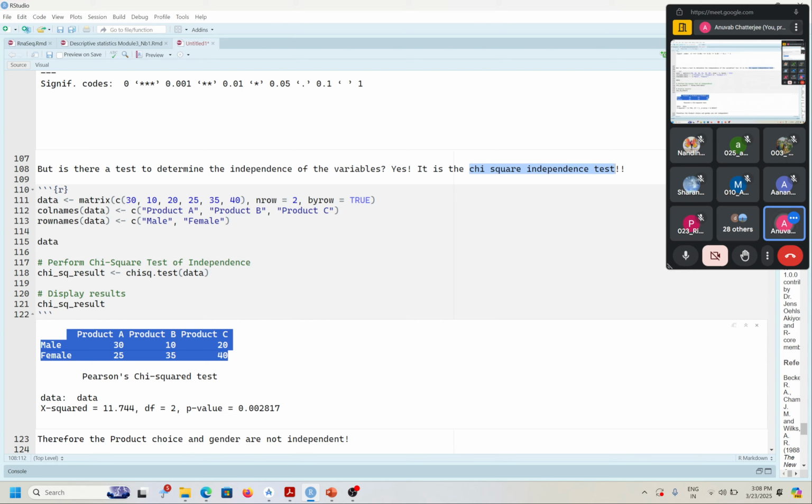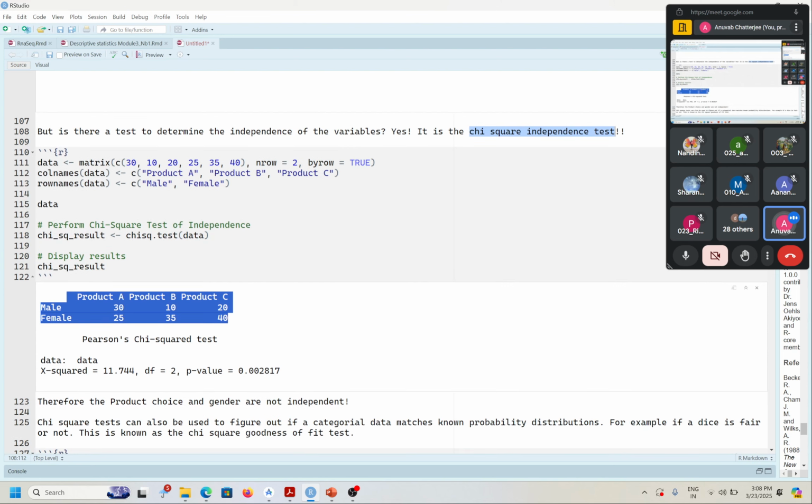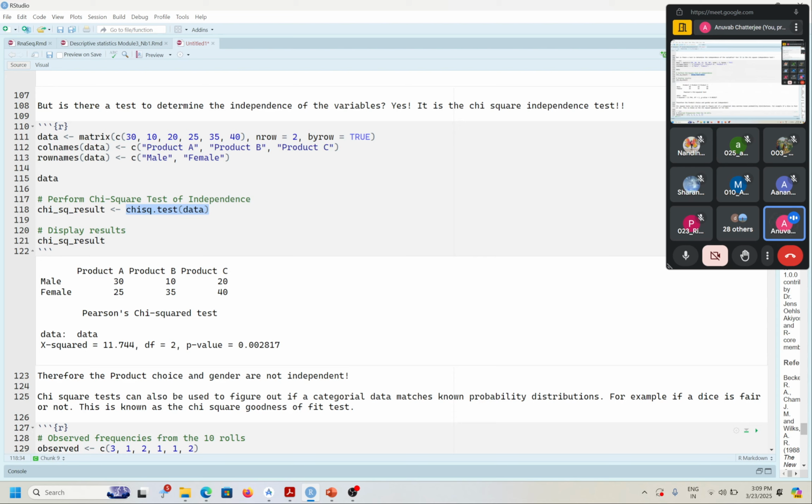To figure that out, you use a chi-square test of independence. Are the product and the gender independent or not? Running that is fairly easy. You just run this chi-square test function, where data is the matrix that we have made, and then just display it. Displaying it tells us the p-value.